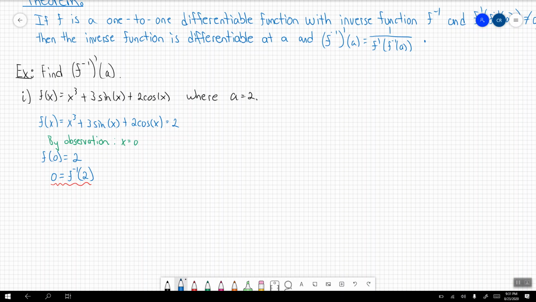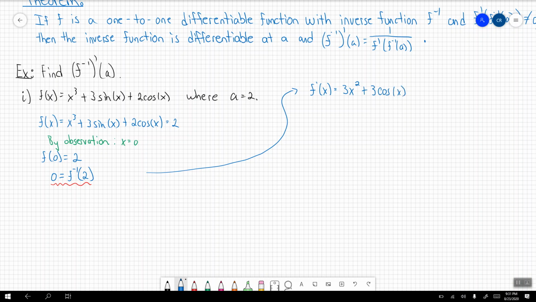All right, so I'm going to do the derivative right over here. So let's see, f prime of x. Taking the derivative of x cubed, this should be a review, we get 3x squared. The derivative of 3 times sine of x should be 3 times cosine of x.